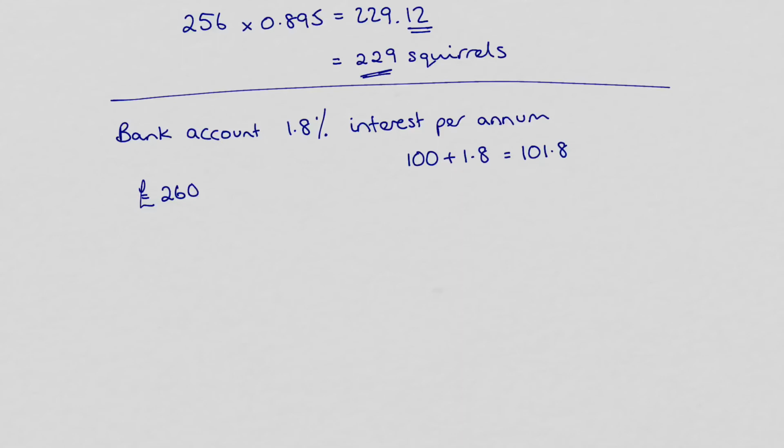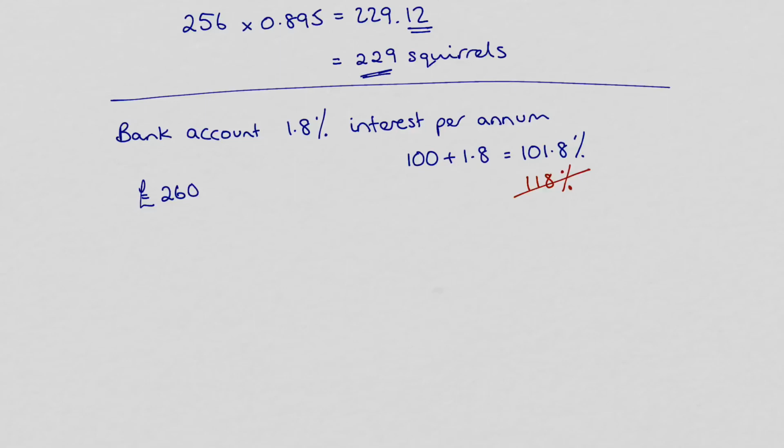Okay, so it's 101.8% that we need to find of 260. The biggest mistake that I see when marking tests and things on this is that people write 118%, and that's not right. Okay, remember, if you're increasing by 1.8%, you're adding 1.8 onto 100, so it's 101.8.